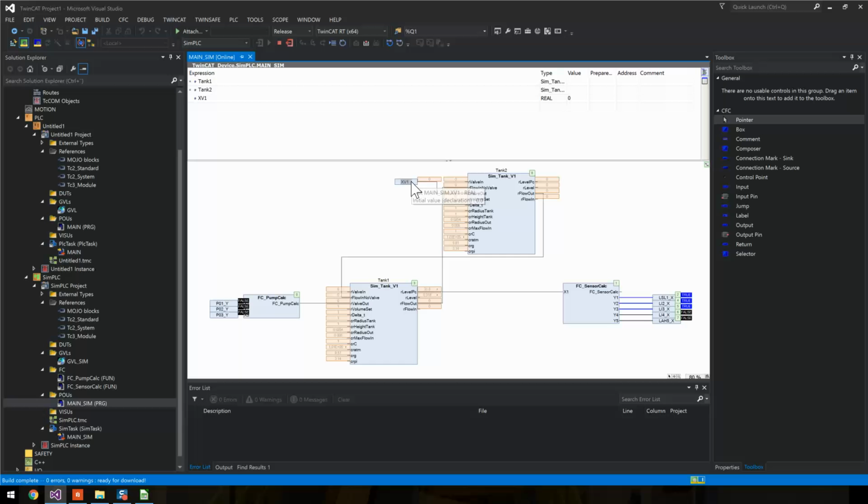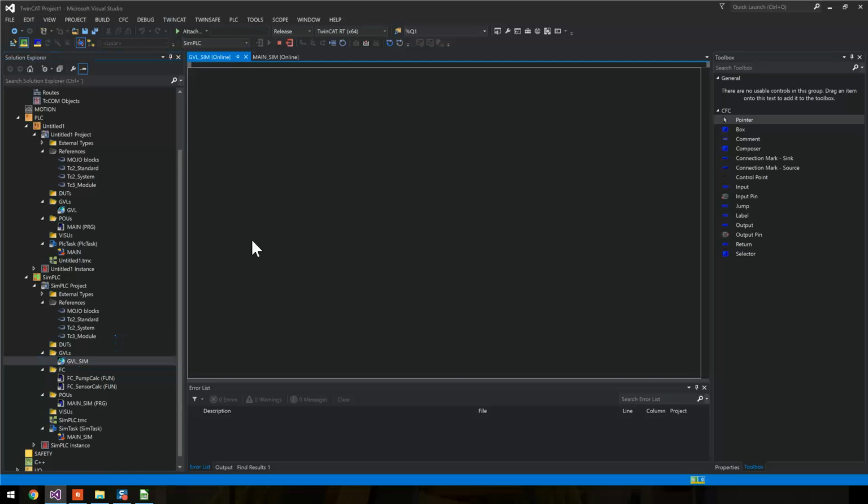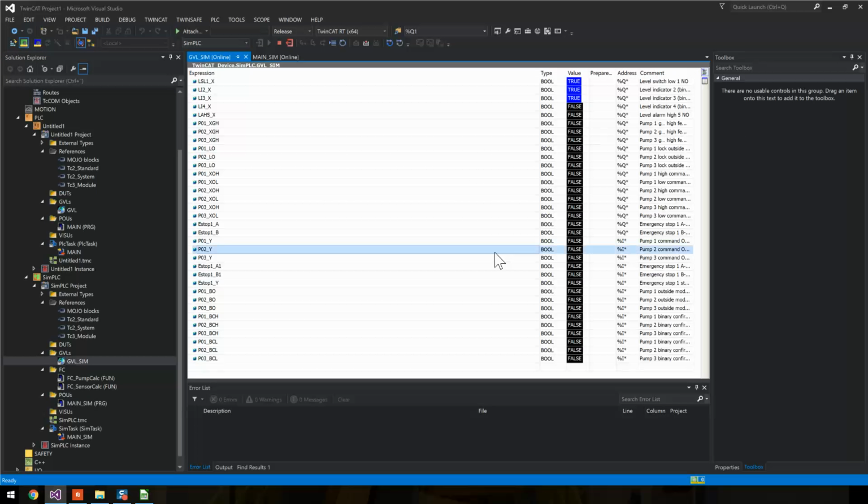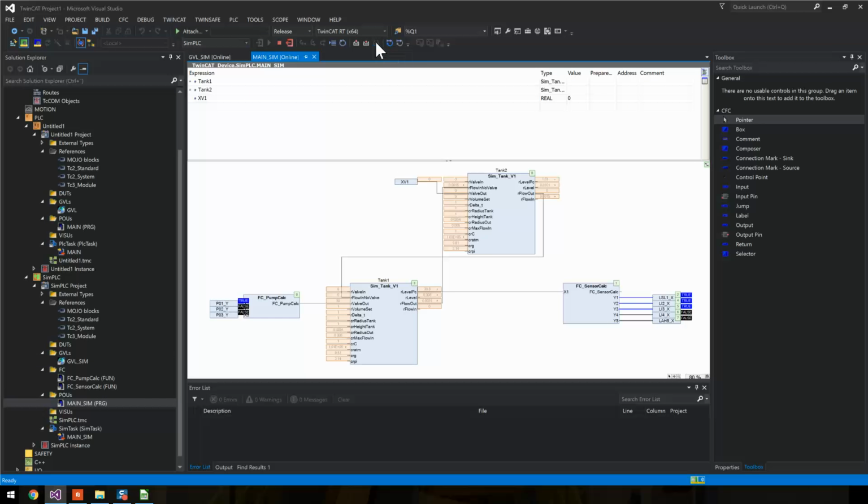So this one should be closed, so let's try and fill tank 2. And right. So the flow going out of tank 2 is 0.